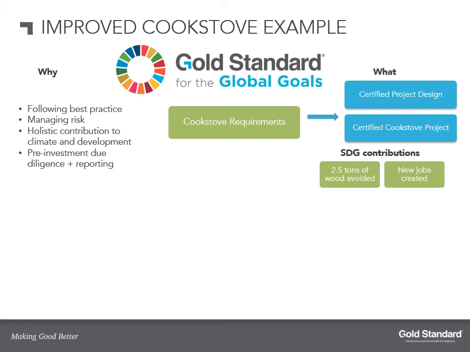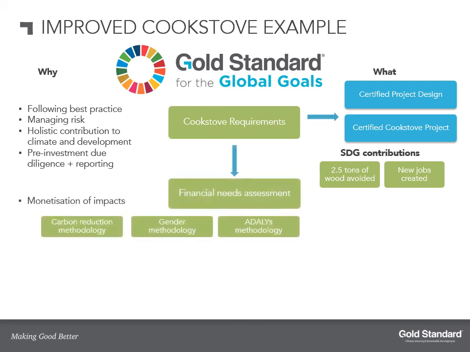Now, if that project also sought additional finance and wanted to monetize additional impacts, they would also follow a financial needs assessment to demonstrate what's known as additionality in the carbon world. They would apply the relevant methodologies necessary in order to issue the products that they were interested in. In this case, we see a carbon reduction methodology, gender, as well as the A-Dailies methodology.